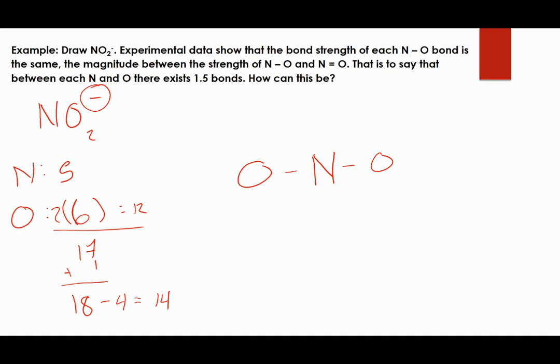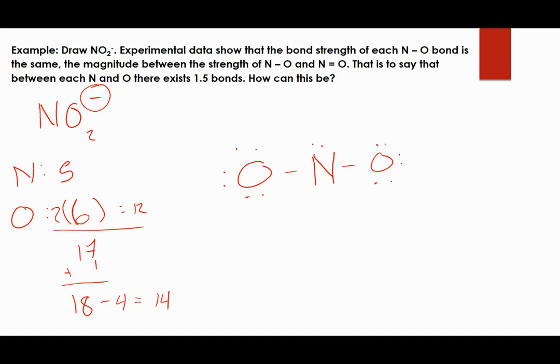If I put our remaining valence electrons into this molecule, 1, 2, 3, 4, 5, 6, 7, 8, 9, 10, 11, 12, 13, 14, we can now total them up and see if this is a happy structure. So we've got 2, 4, 6, 8 around each oxygen, so they're happy. Our 2 oxygens have stable, happy octets. Our nitrogen is not stable and happy.